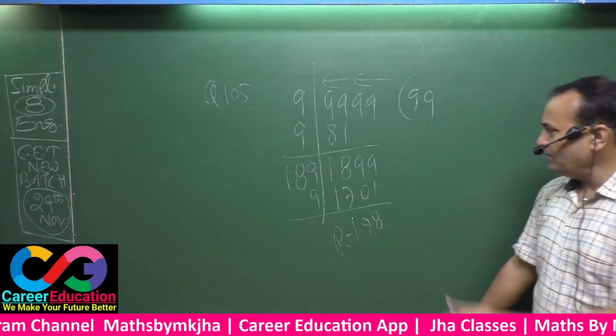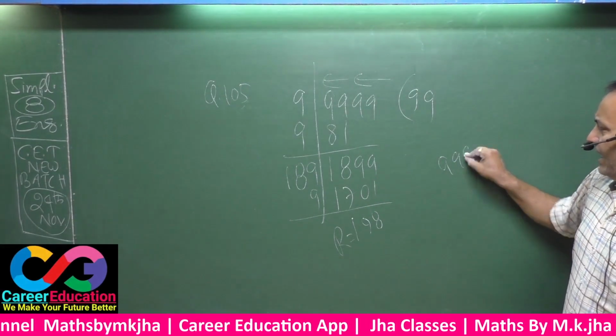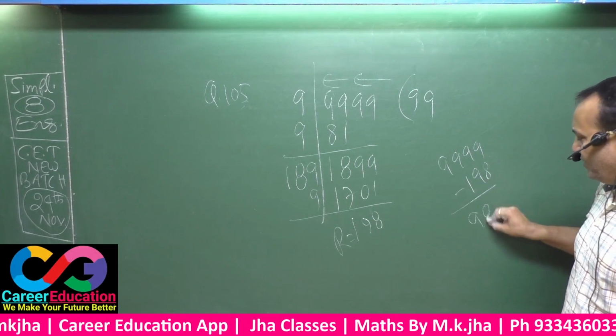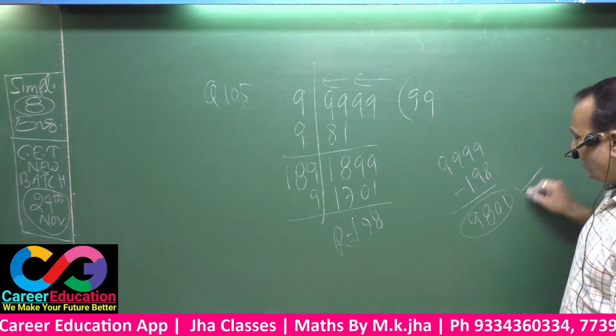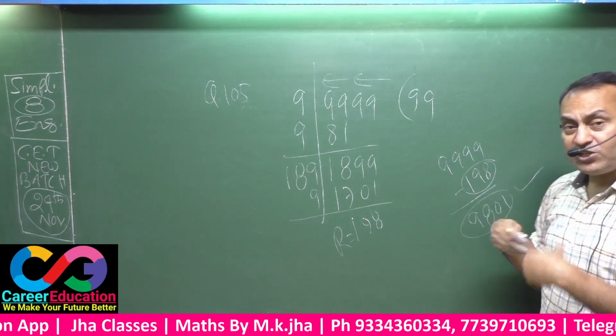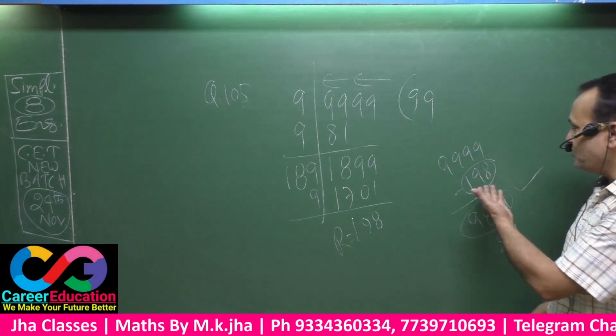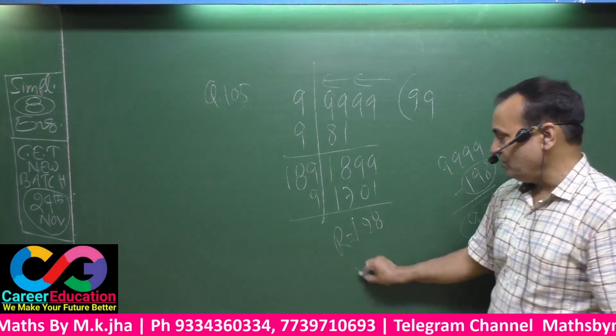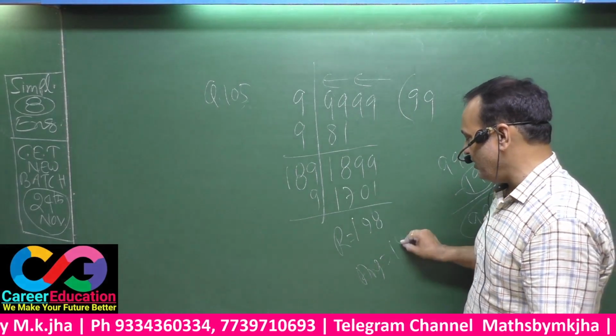That means 9999 minus 198 will be giving you the perfect square number. This will be a perfect square number. What must be subtracted? The least. That means 198 must be subtracted the least. This is your answer. That's why your answer is 198.